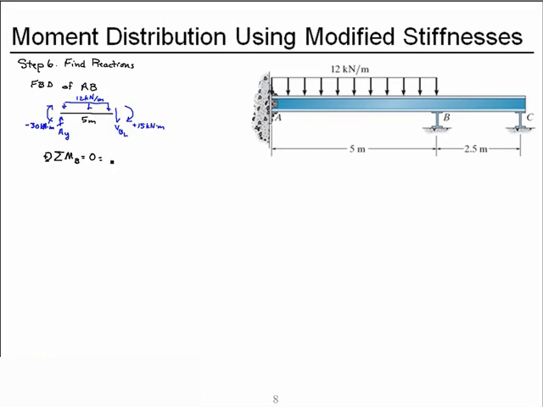I have positive direction but negative magnitude from the reaction at A. I have a positive contribution for the vertical reaction at A, acting through 5 meters, a negative contribution from the distributed load, acting over 5 meters, with its resultant at a distance of 5 over 2 meters from point B, and the moment at point B. We'll solve that for the vertical reaction at Y, and we get a positive 33 kilonewtons, so it is acting up.